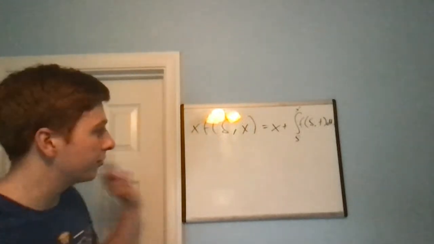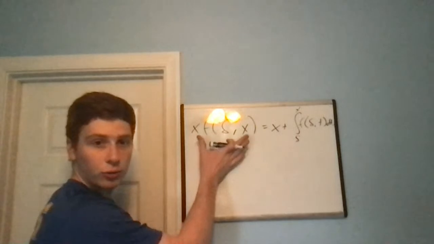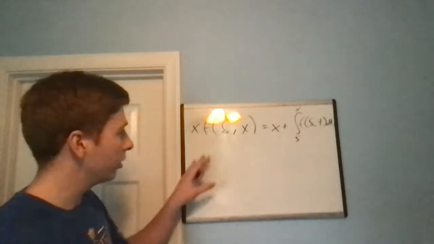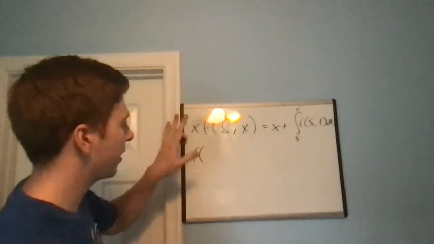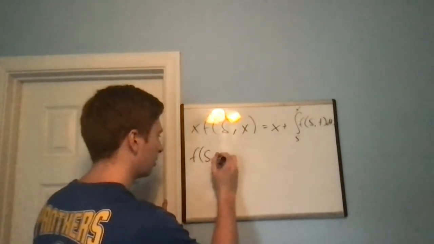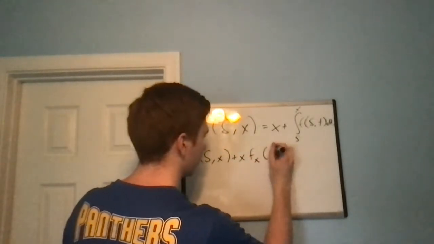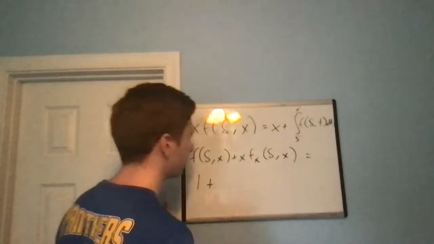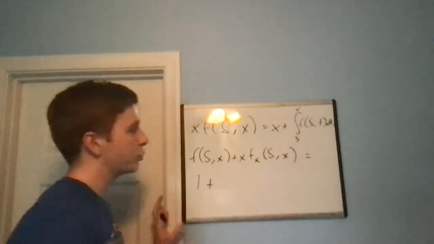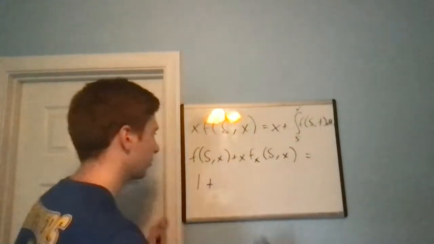And then we differentiate with respect to x on both sides. We use the product rule here: derivative of f times g plus f times the derivative of g equals 1 plus, and then the derivative of this with respect to x is just going to be the inner function when we plug in x, right?